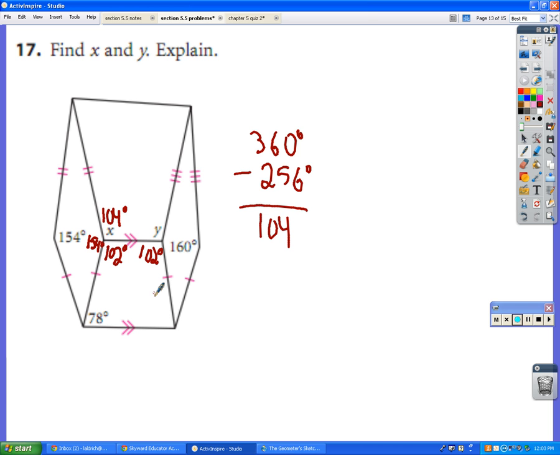All right, love it. If this is 160, then this is also 160. Okay, so 102 and 160 make 262. So if I go 360 minus 262, then this time this one's going to be 98 degrees. So x is 104 and y is 98.